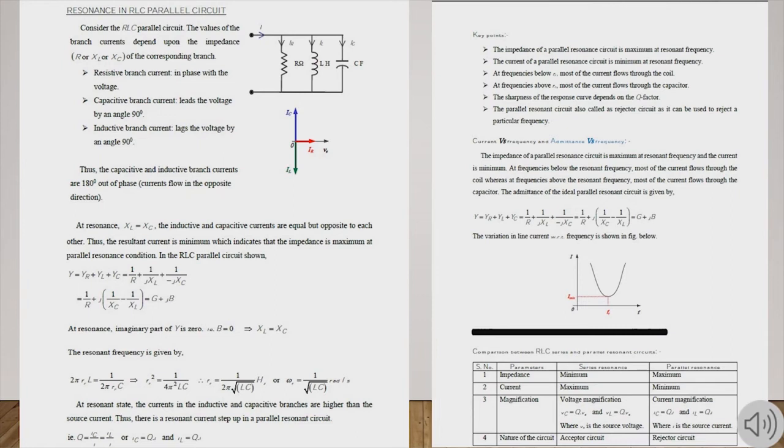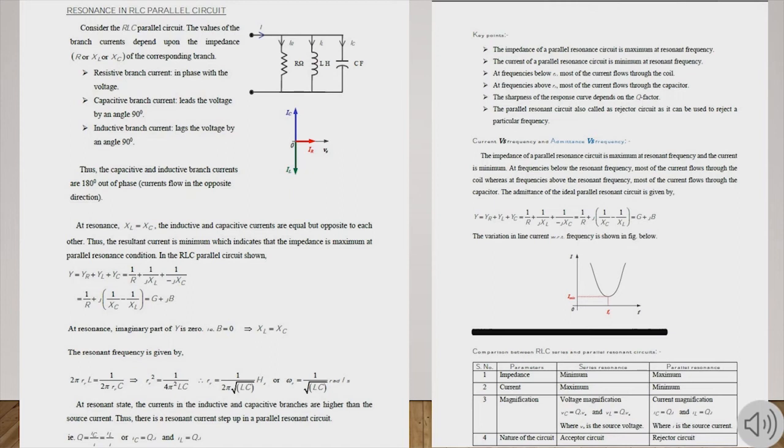In the RLC parallel circuit shown, Y equals YR plus YL plus YC, which equals 1 by R plus 1 by jXL plus 1 by minus jXC. 1 by R plus j into 1 by XC minus 1 by XL equals G plus jB. At resonance, the imaginary part of Y is 0, that is B equals 0, XL equals XC.